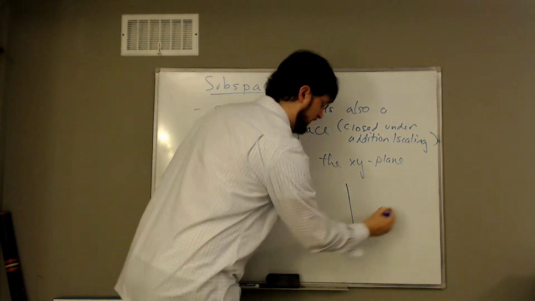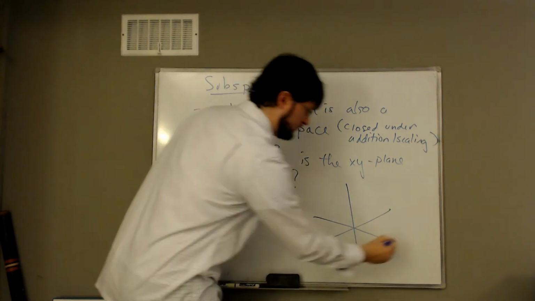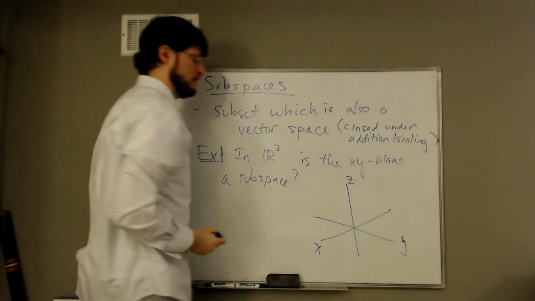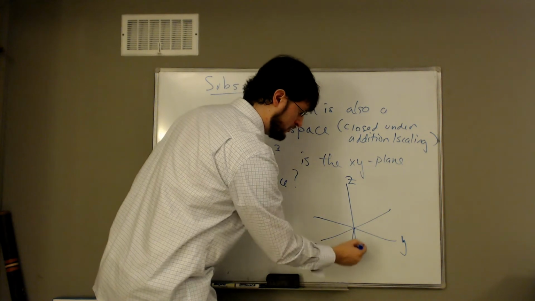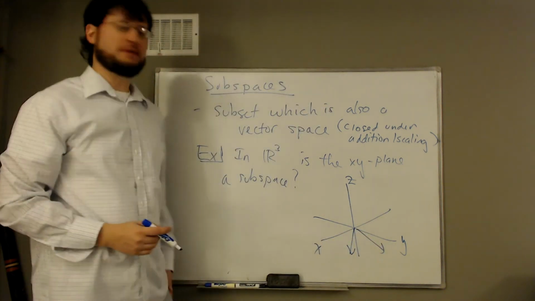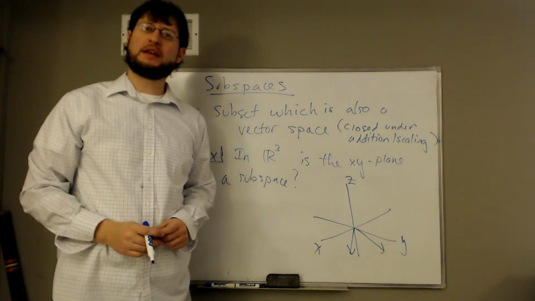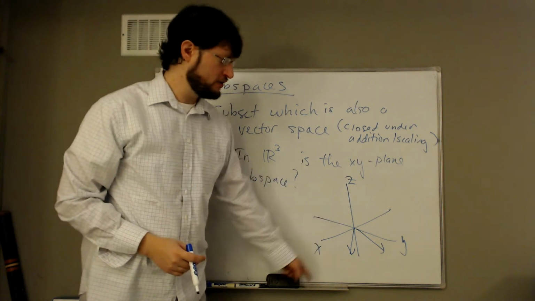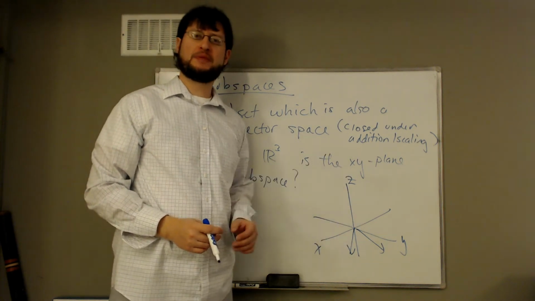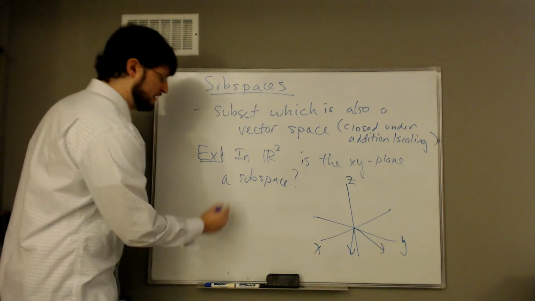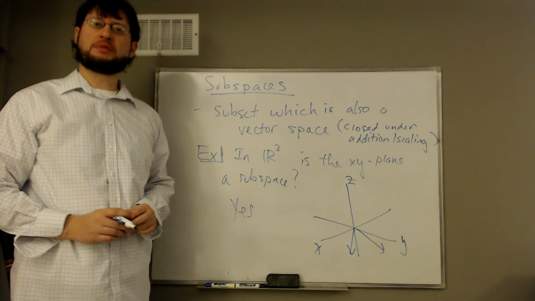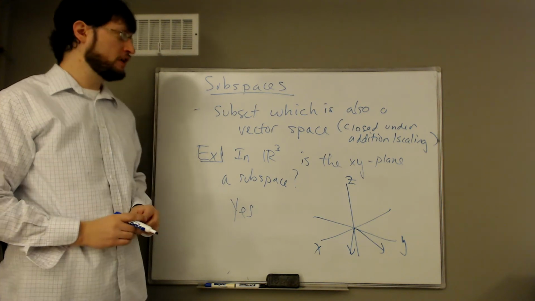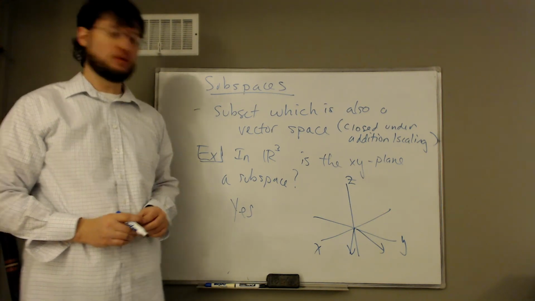Because if I have R3, and I take two vectors that stay on the xy plane, and I add them up, it stays on the xy plane. And if I take a vector that's on the xy plane and I scale it, it stays on the xy plane. And that's really all that it takes in order to be a subspace. Closed under addition and closed under scaling.